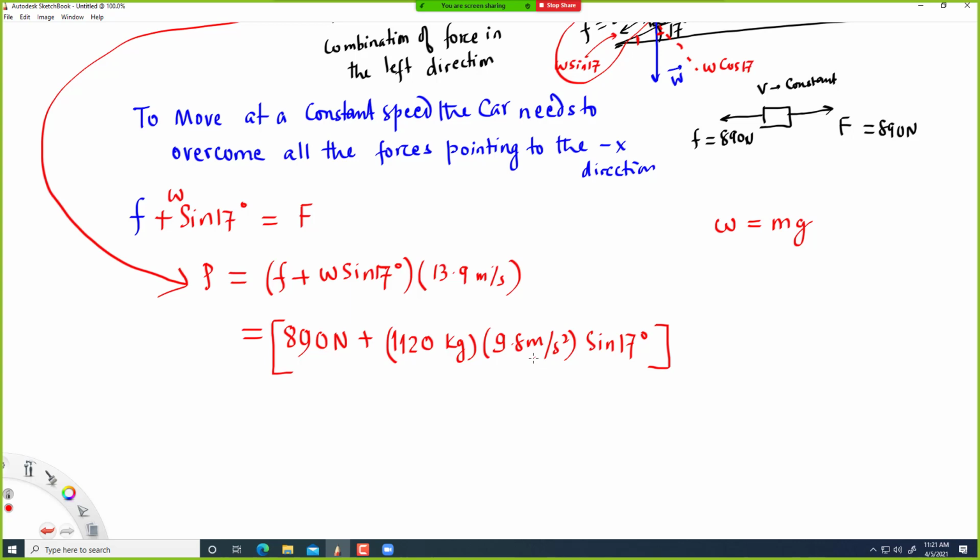That's the force the car needs to overcome to run at constant speed, and force times speed gives us the power that we are looking for. So we need to do the calculation. So let's do the calculation and see what you get. That's what we are looking for.